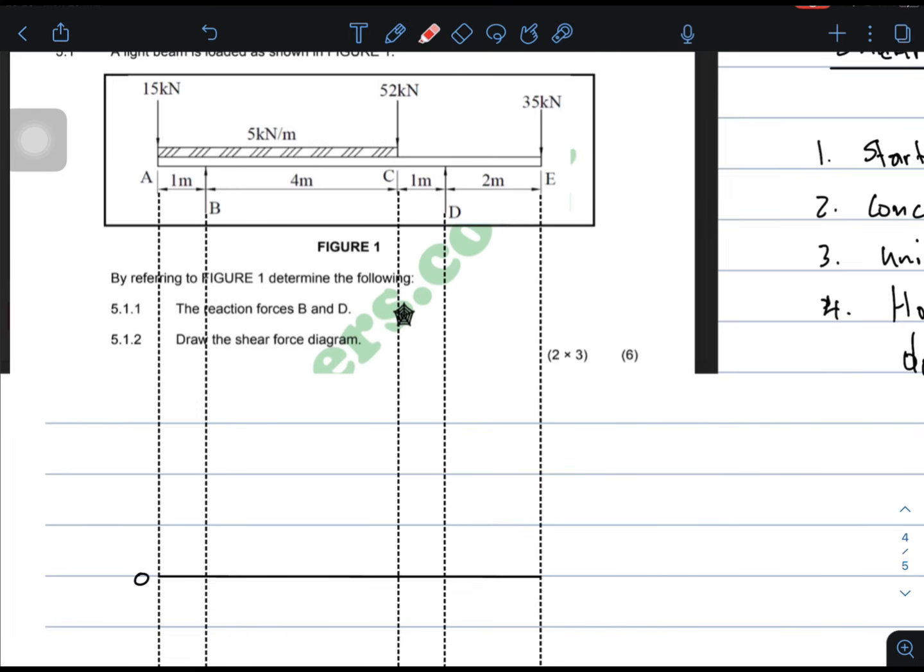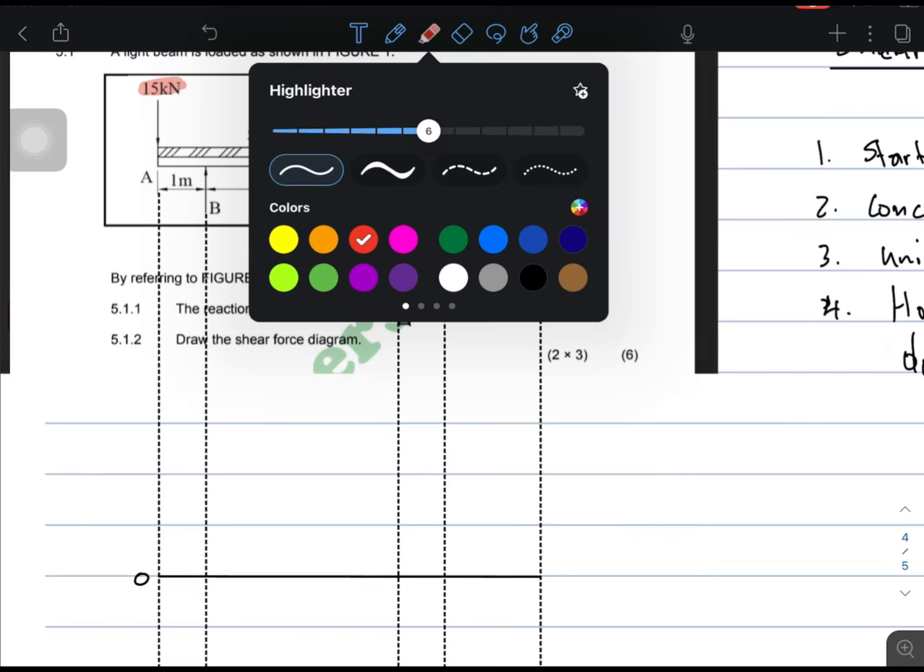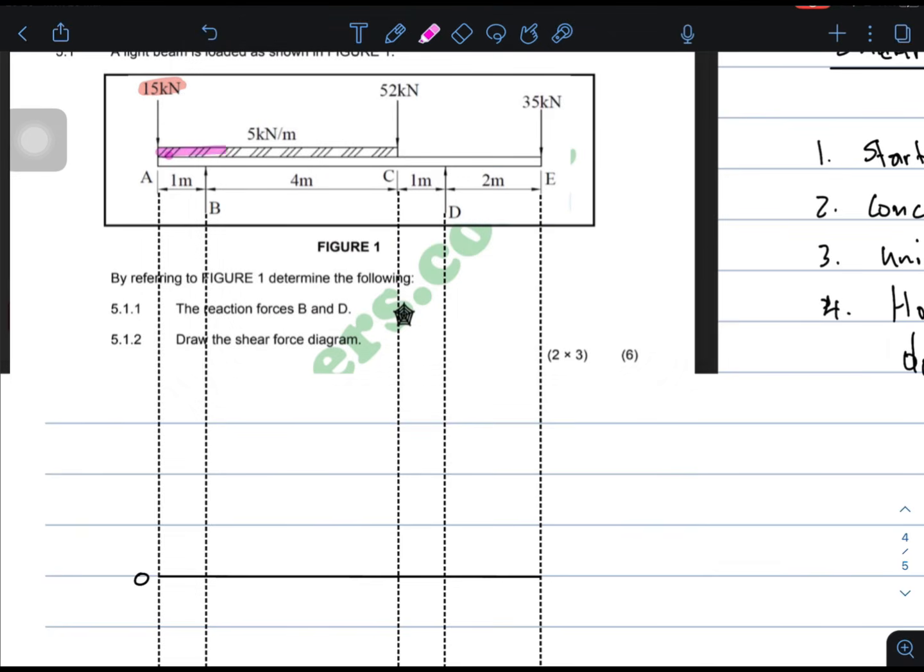It's just lines. I'm going to use red when I'm drawing the 15 kilonewton force. Then I'm going to use pink for the 5 kilonewton uniformly distributed load.